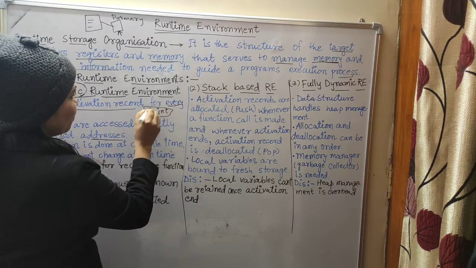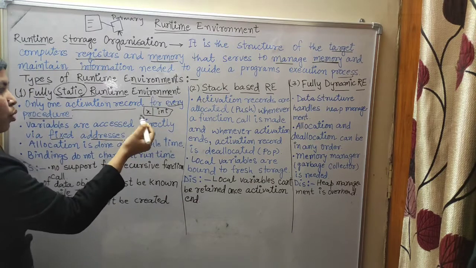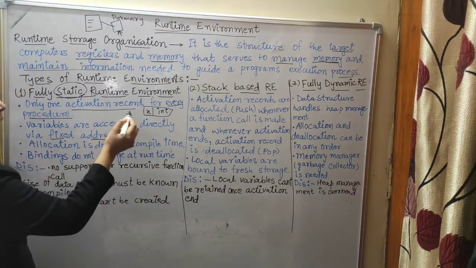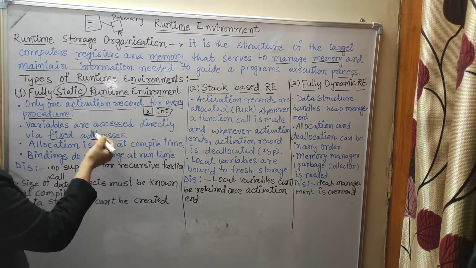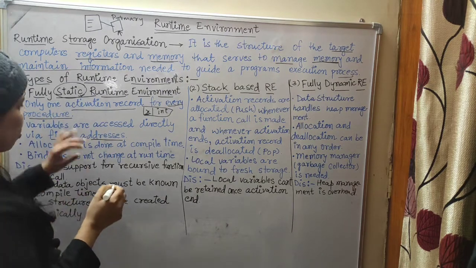So x is a terminal variable, and from there we can access it directly. These variables are accessed directly at a fixed address. Why fixed addresses? Fixed means static. We are taking static allocation.